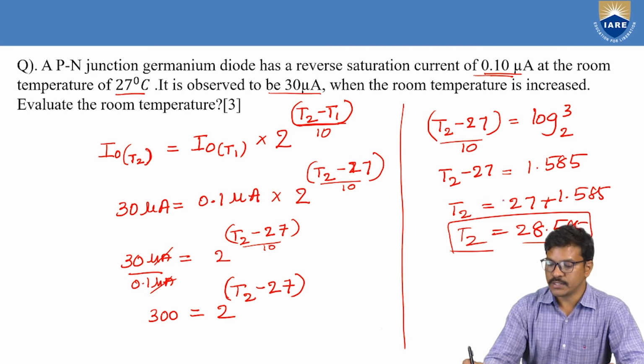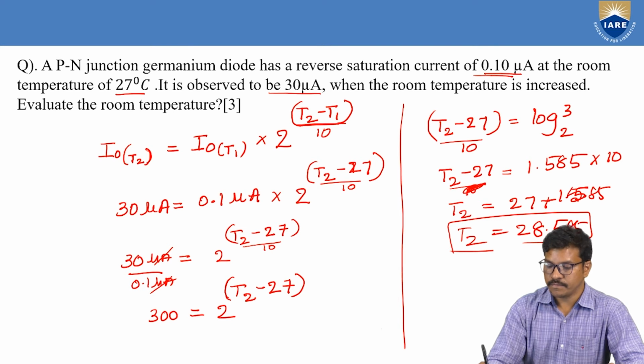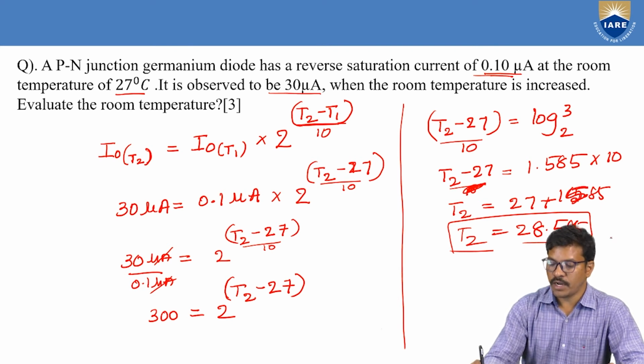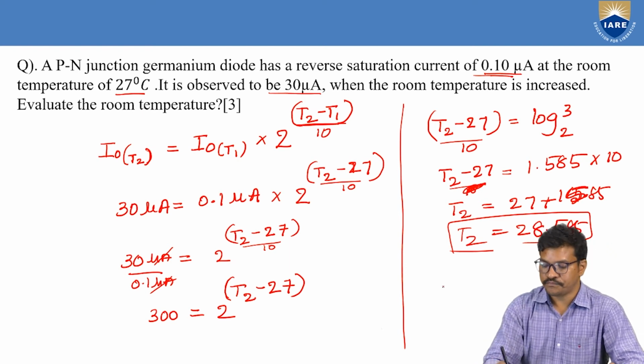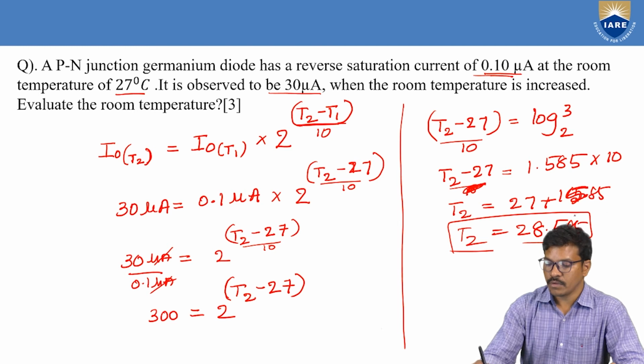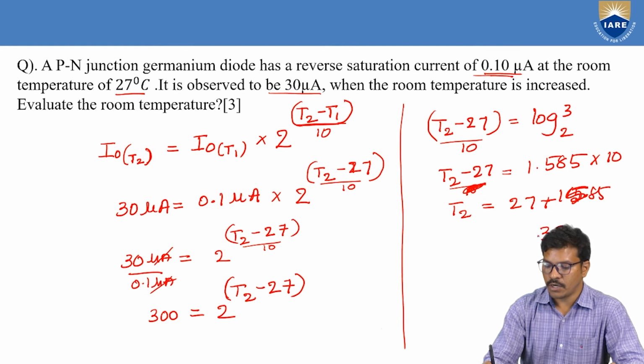So we will take this one multiplied by 10, 15.85. So we will get 42.85.